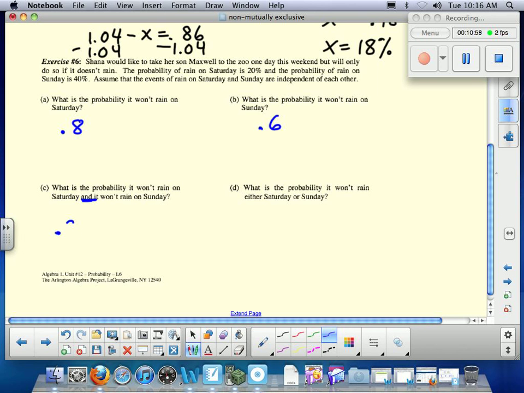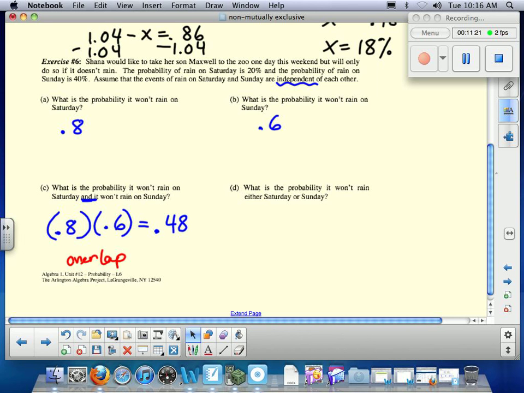Remember when we did independent events before, when we had an "and," we multiplied. And that "and" is going to become our overlap. Or double dipping. So what's the probability that it won't rain on Saturday or Sunday? Here is your clue that you need to use our little formula from the front.